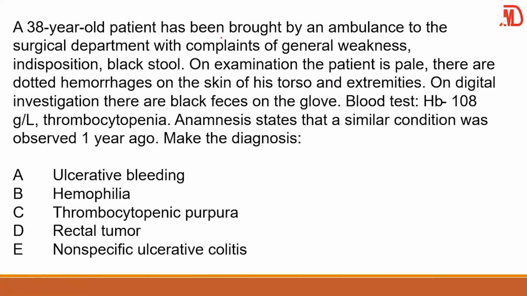A 38-year-old patient has been brought by an ambulance to the surgical department with complaints of general weakness, indisposition, black stool. On examination, the patient is pale. There are dotted hemorrhages on the skin of his torso and extremities. On digital examination, there are black feces on the gloves.